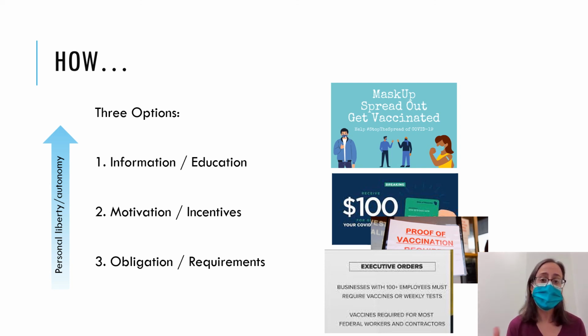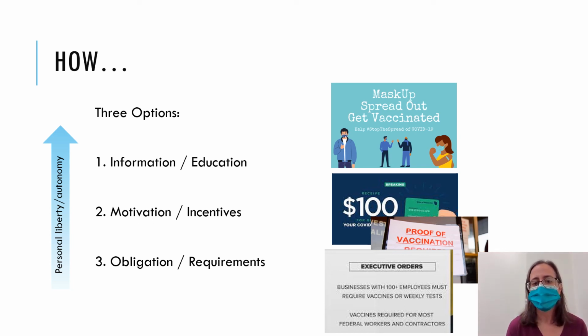And as Americans, we tend to value personal liberty and autonomy very, very highly. We're a pretty individualistic society, actually. We value that really highly. So most of our efforts in terms of COVID-19, especially compared to other countries, have been along the information and education, trying to persuade people rather than force them, so to speak.